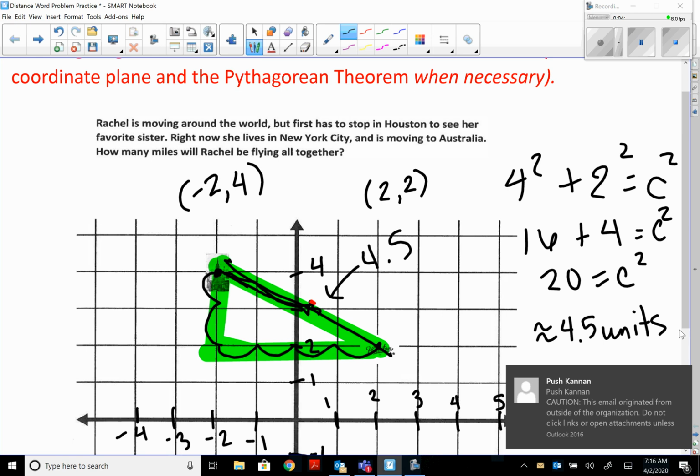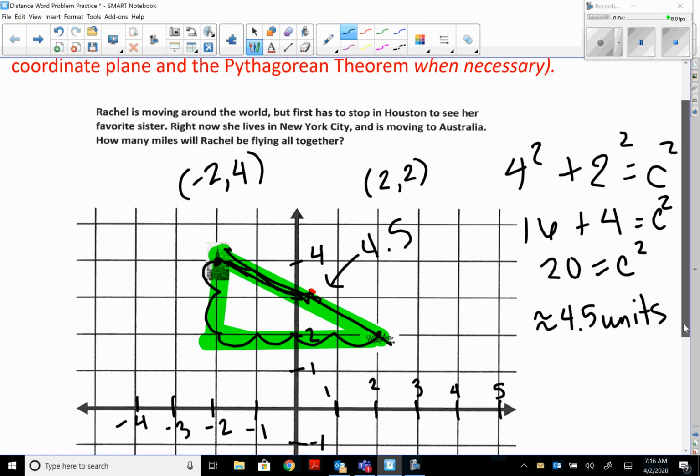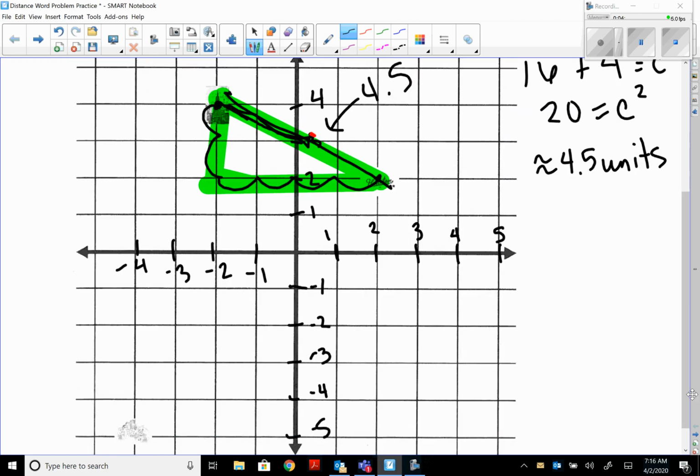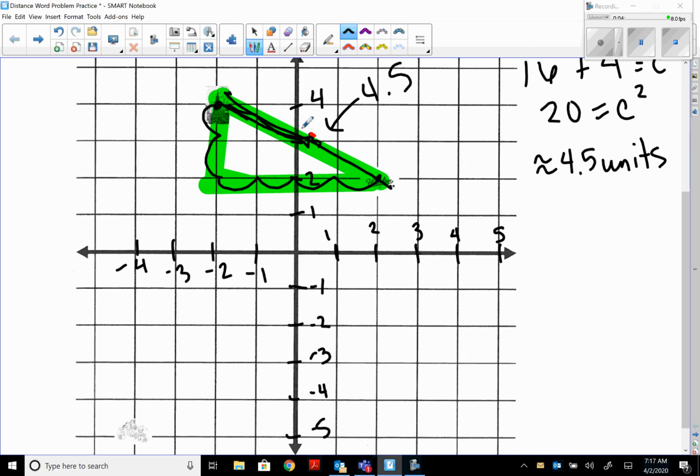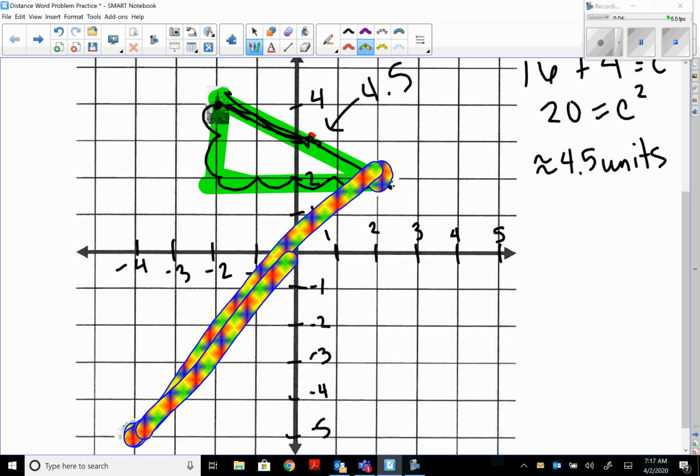Now we've got to figure out the distance from Houston to Australia. So Houston, I'm going to use a different color. Houston is right here, and Australia is way down here. So I'm going to draw a line to connect those two. Now we're trying to figure out the length of that line, that hypotenuse.